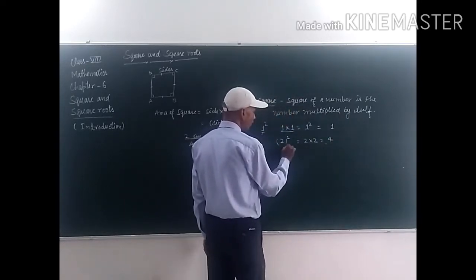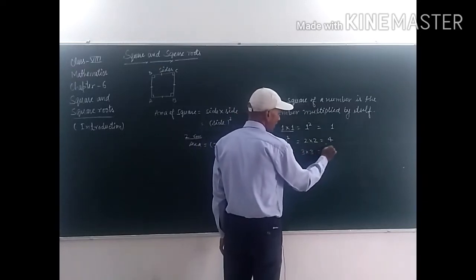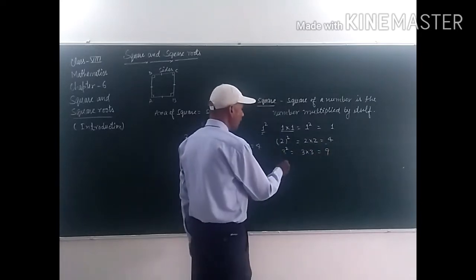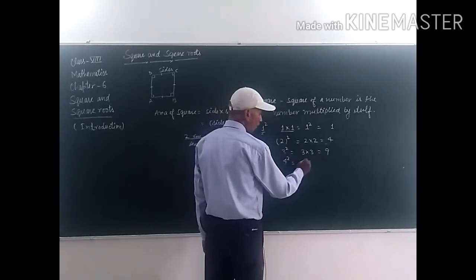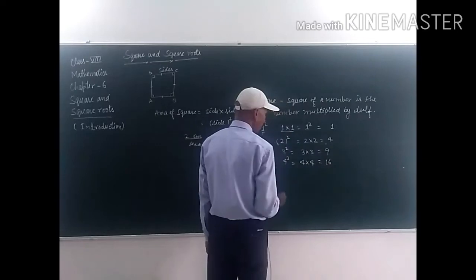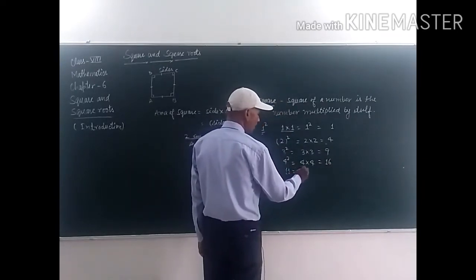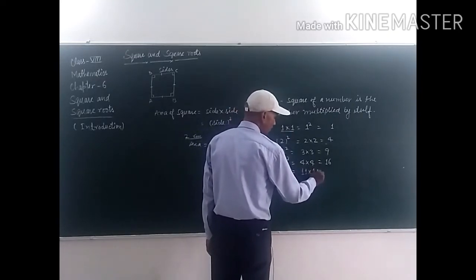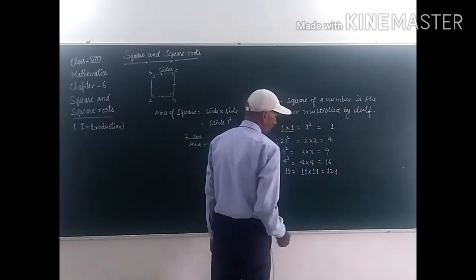3 square, it means 3 into 3 and we get 9 here. So square of 3, that is 9. Square of 4, it means 4 raised to the power 2, 4 into 4, that is 16. Square of 11, it means we have to multiply 11 2 times, 11 into 11 and it will be 121.